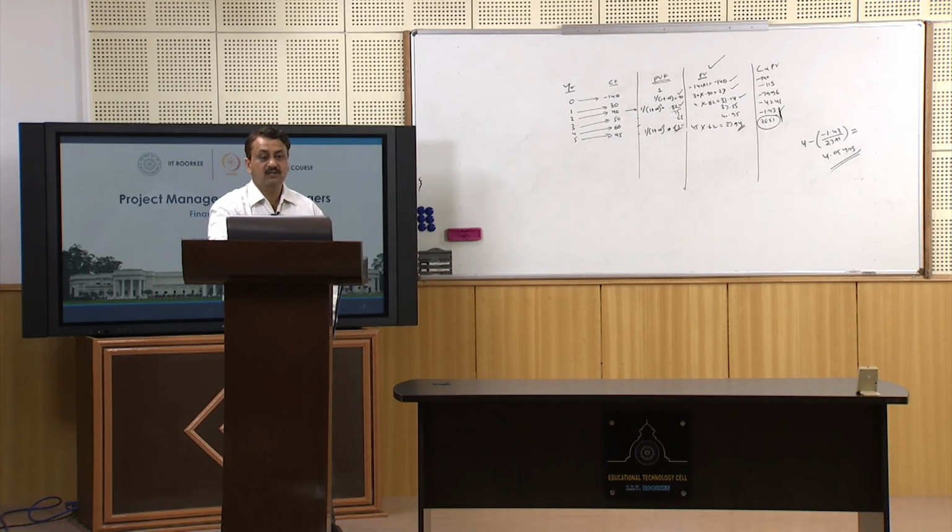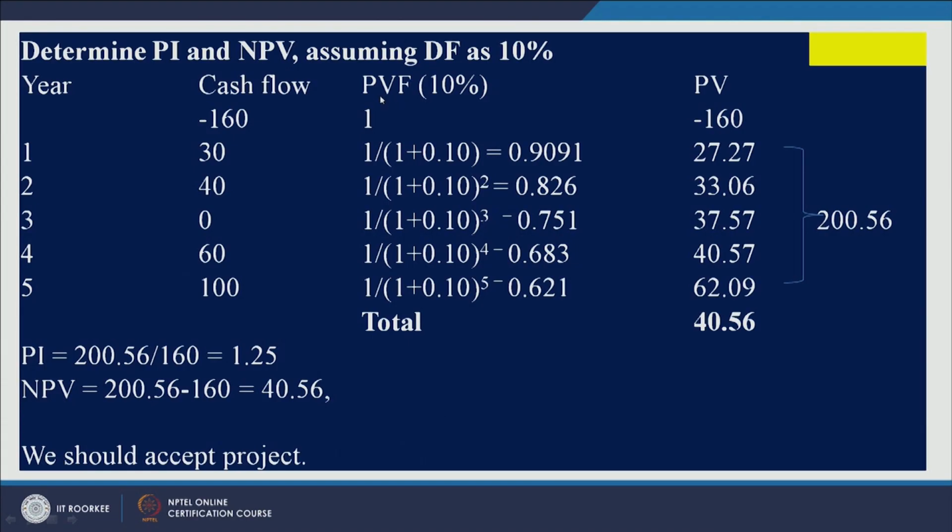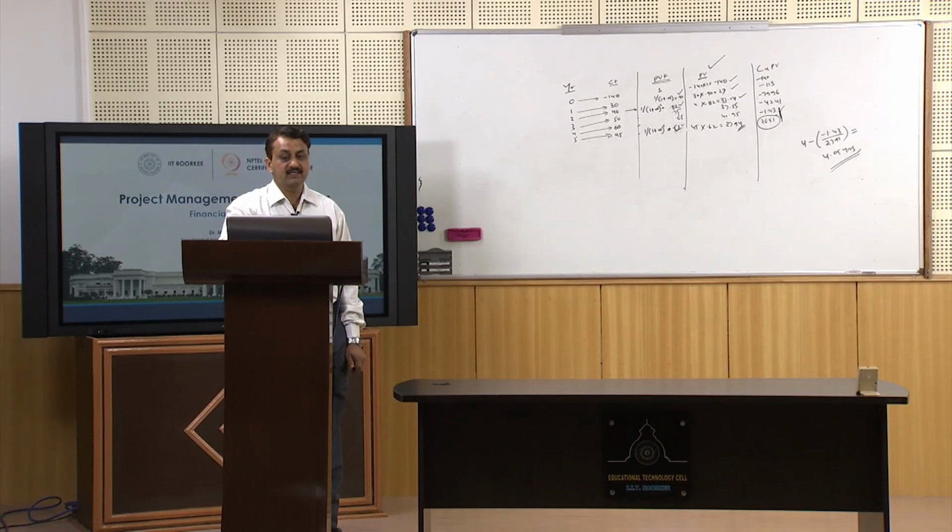First of all, you have a discounting factor of 10%. The cash flow is 160 in the 0th year, so this is minus 160 into 1, then 30 into 0.9. Again, these values are the same. The present value factors are 1, 0.9, 0.82, 0.75, 0.68 and 0.621.